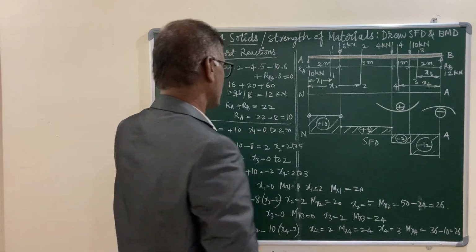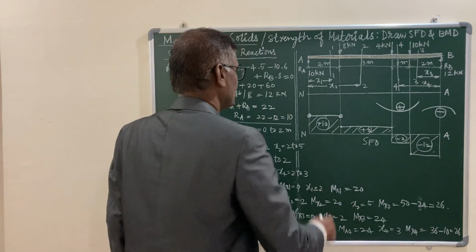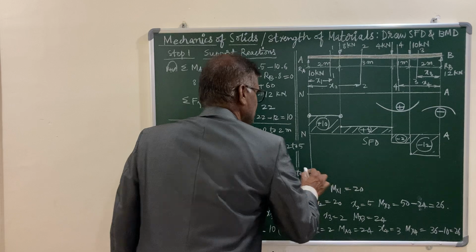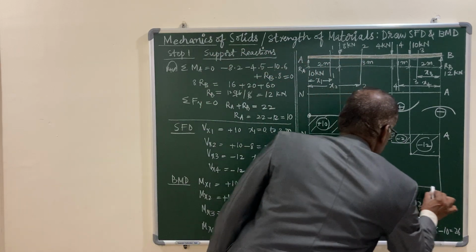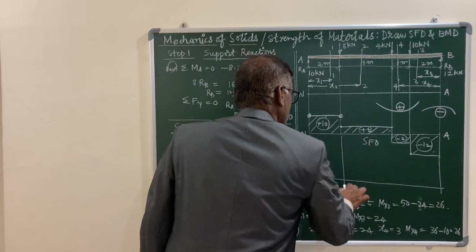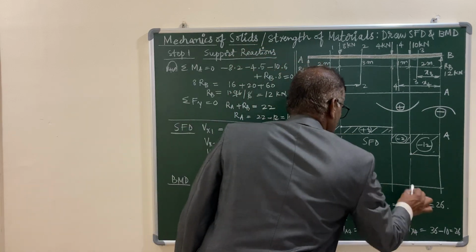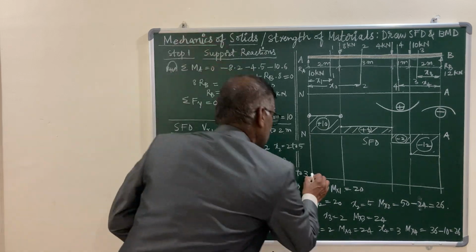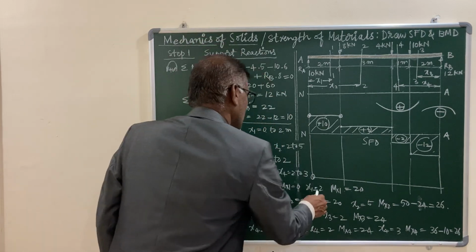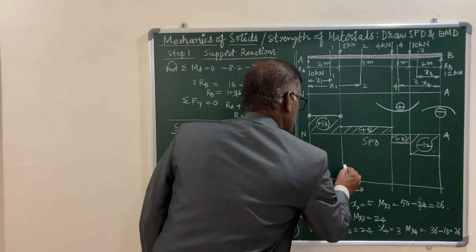Now with all these values, let us draw a neutral axis well below the shear force diagram. Let us ensure the alignment and the salient points. So your beginning value, when x is 0, is 0, and when x is 2 meters, it is 20.